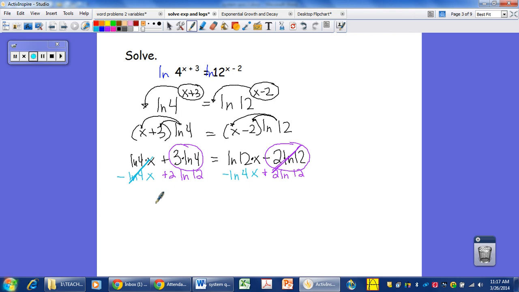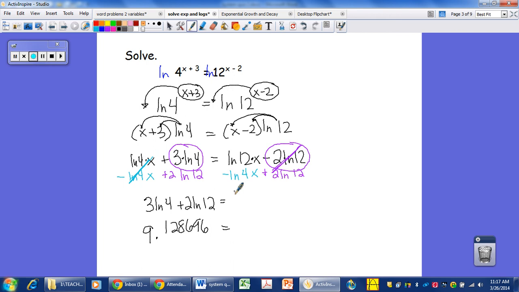So if I do this in my calculator, if I have 3 natural log of 4 plus 2 natural log of 12, let me just put that into my calculator real quick. Maybe see if I can do this here. Nope. Okay. The 3 natural log 4 plus 2 natural log 12. This is a decimal, 9.128696.